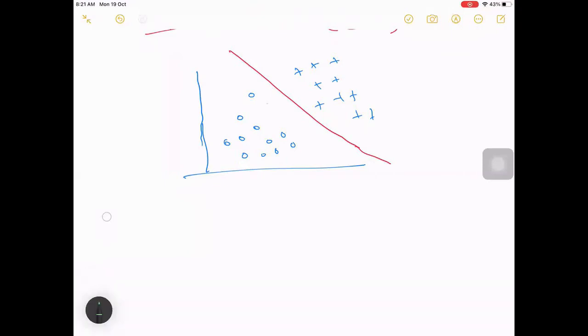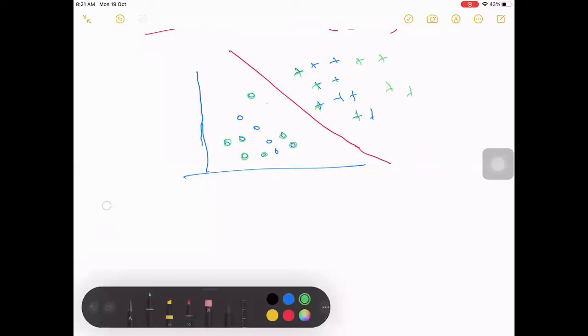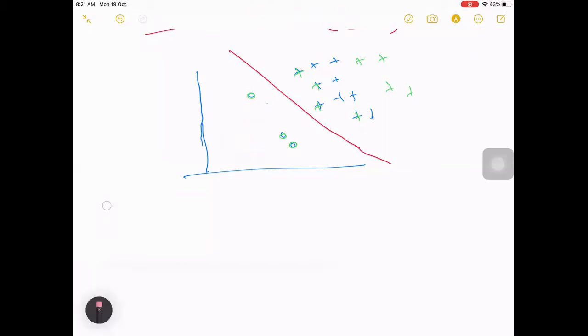Are the ones nearer more important, or the ones which are farther? If you have only the nearer ones, still you will be able to draw a line and classify, right?